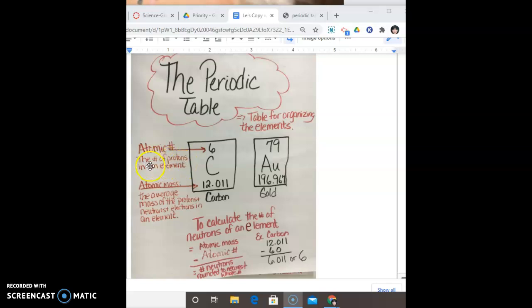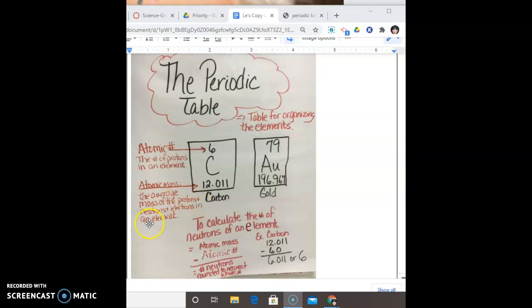The number of protons in an element is the atomic number, okay? And that's above the symbol for the element. The atomic mass is the average mass of the protons plus the neutrons plus the electrons in an element.